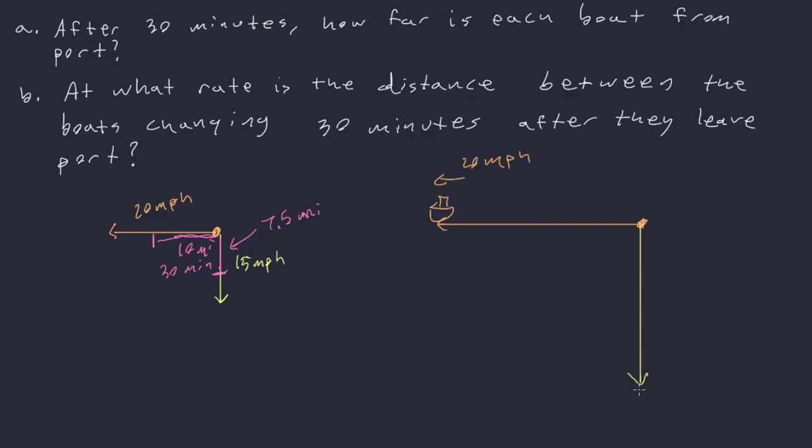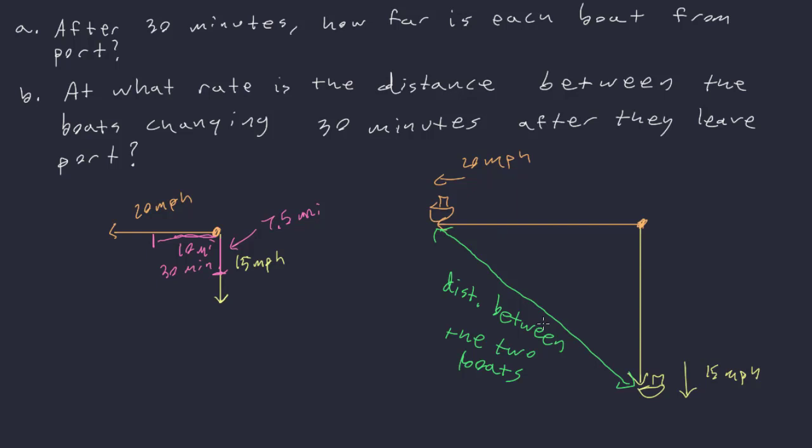The other boat is traveling south at 15 miles per hour. This in yellow is its distance from the port. The distance between the two boats is here. This diagonal, this is the distance between the two boats.